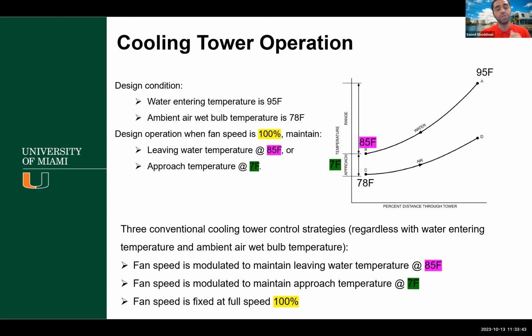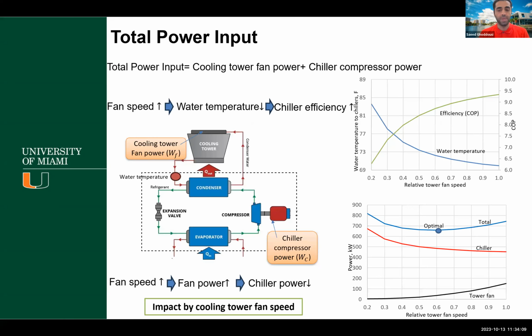Another way is to modulate the fan speed to keep the approach temperature constant at 7. And another is the fan speed fixed at 100%, regardless of leaving water temperature, approach temperature, or anything else. These are conventional control strategies usually used in cooling towers, and we would like to discuss more about that in future slides.